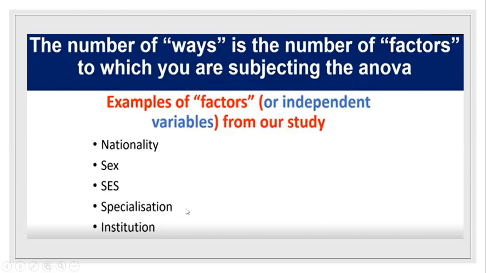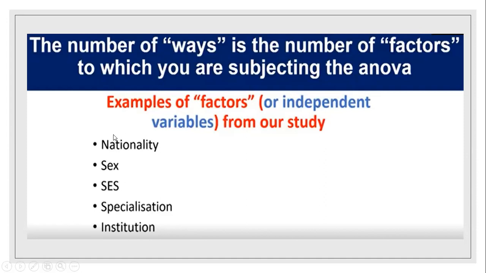Specialization talks in terms of their area of course of study. Let's say law, engineering, technology, education. So this one is also having four levels. Then institution, we say Lagos State University and University of Lagos. This is two. So now from here, because of what you've seen, this is a number, it is now number of ways.